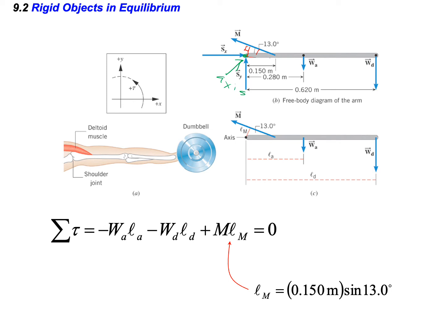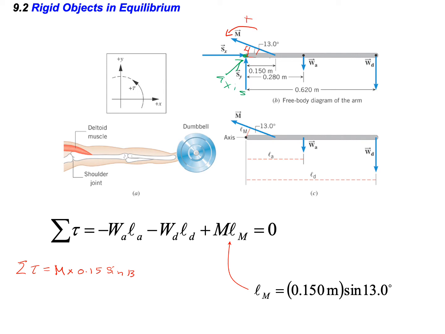So torque is equal to 0, which is force from the muscle, and the lever arm is 0.15 sine 13, which is positive because the torque from the muscle is counterclockwise.